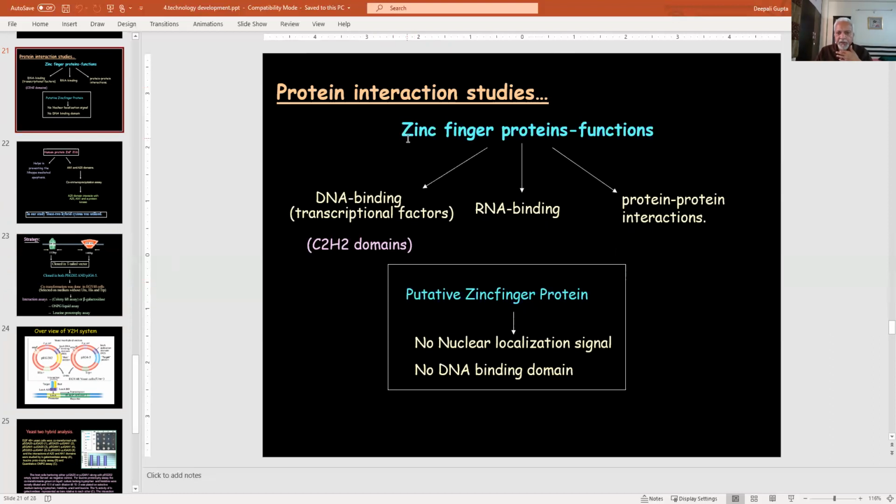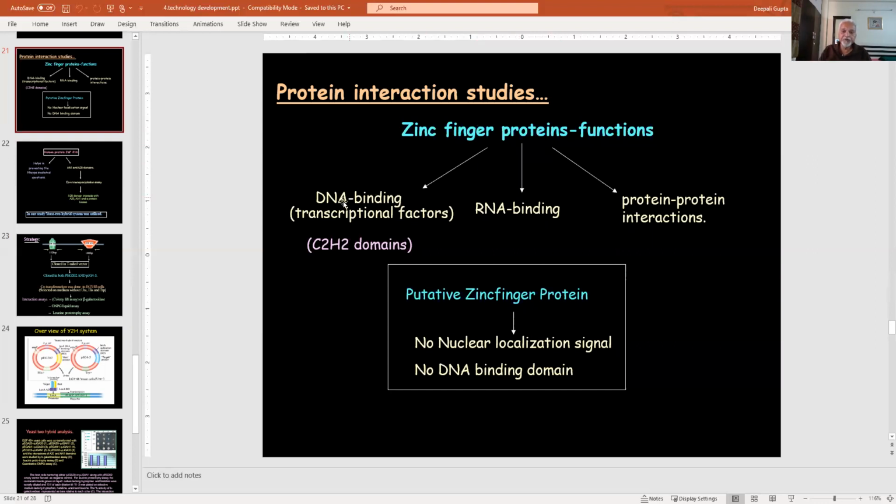This gene's protein has zinc finger domains. In general, zinc finger proteins are DNA binding proteins and mainly referred to as transcription factors by and large. But now we know that zinc finger proteins have different functions.